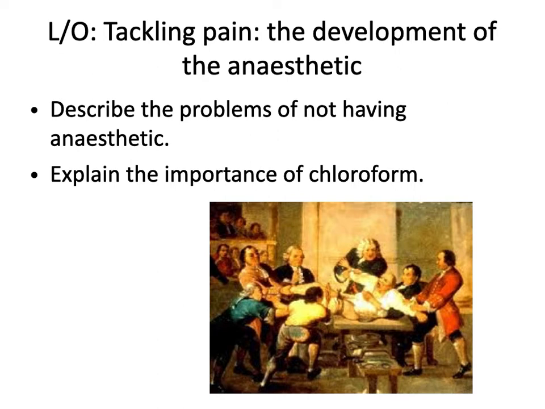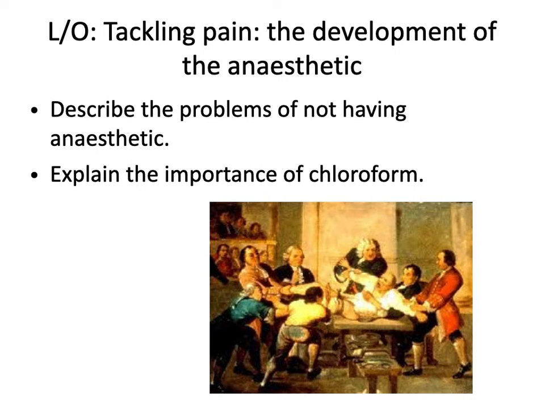Now, from the 1700s, we start to get scientists experimenting with different forms of gases that might provide an anaesthetic, a pain relief. And the first one is nitrous oxide, or what we call laughing gas. And then we get ether as well.